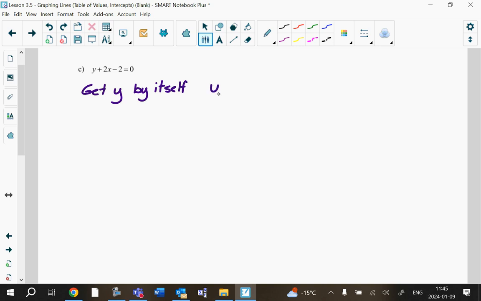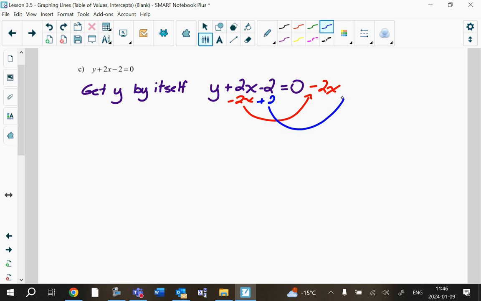Well, I've got to take this to the other side, right? The 2x. How do I get rid of it here? Minus 2x, so that when it goes over here, it becomes minus 2x. How do I get rid of this? Plus 2, so when it goes over here, it becomes plus 2. And they're gone from here.